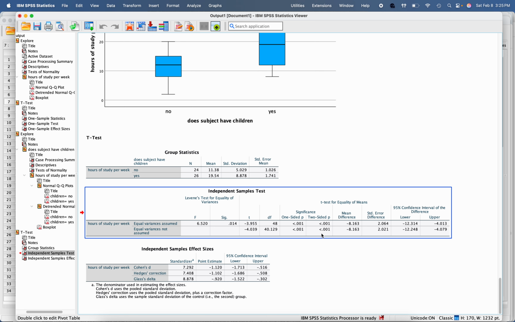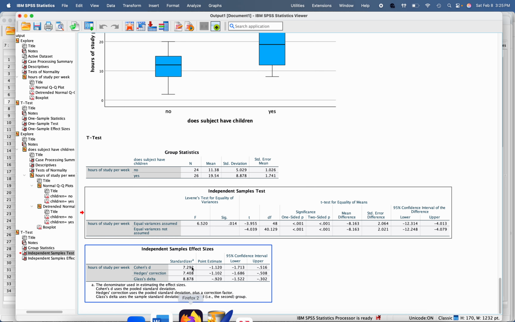So I'm looking at sigma two-tailed right here. I've got my mean difference, my standard error, and my confidence interval. All of those are found down here. My t-value is in the second row. My degrees of freedom is in the second row because Levene's came back as not equal variances.